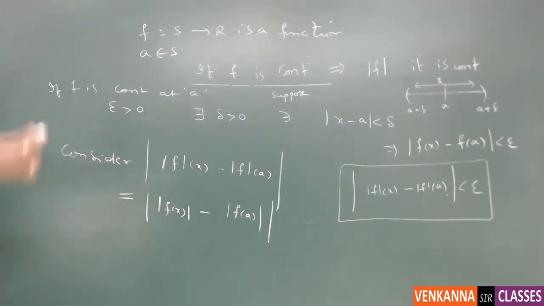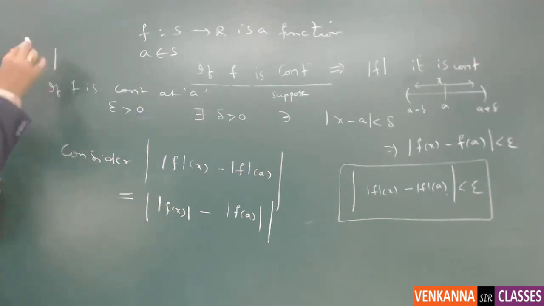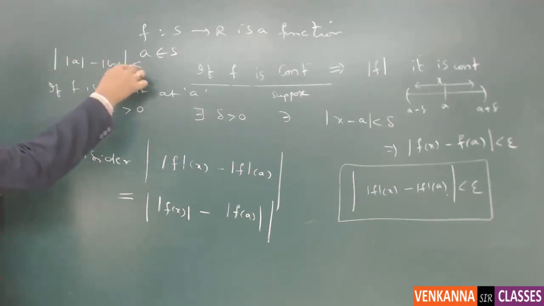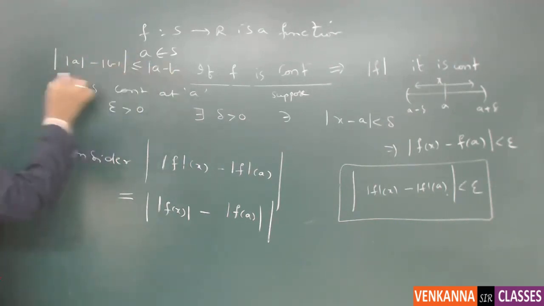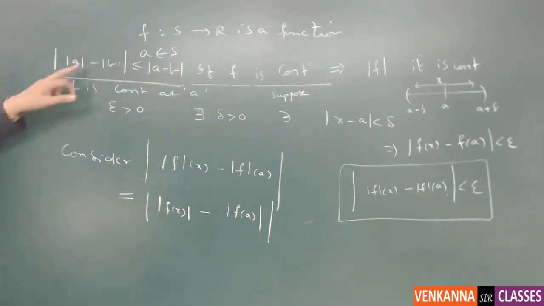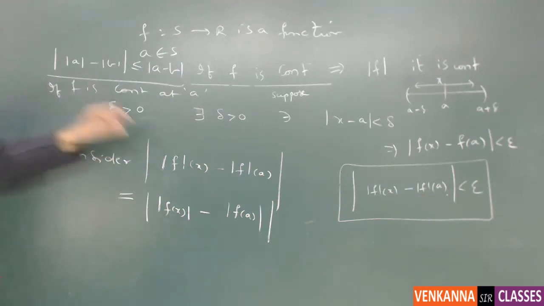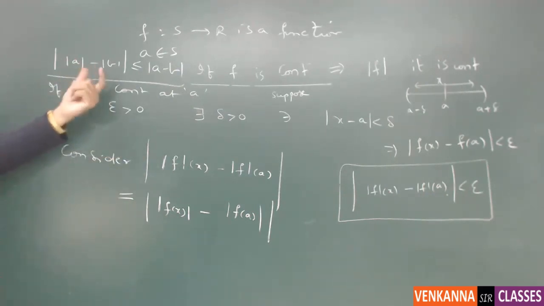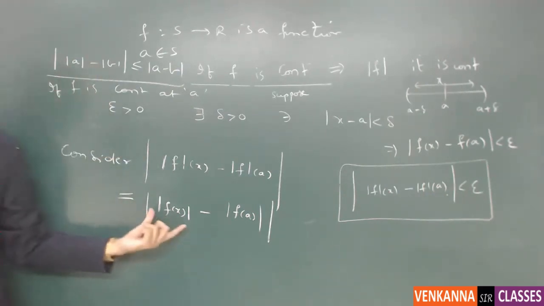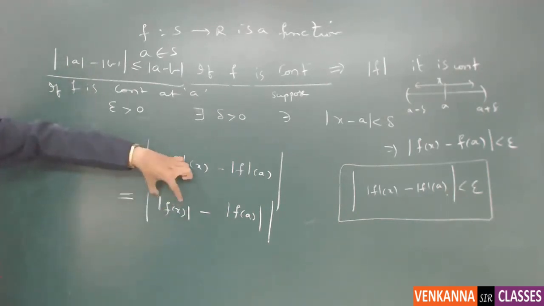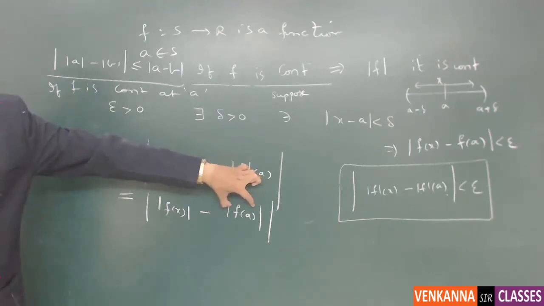Right. And one small result, you know that whenever you take this type of thing, all of you agree with this result? Right. Here a and b are nothing but real numbers. If you are calculating modulus of f of x, it is a real number.